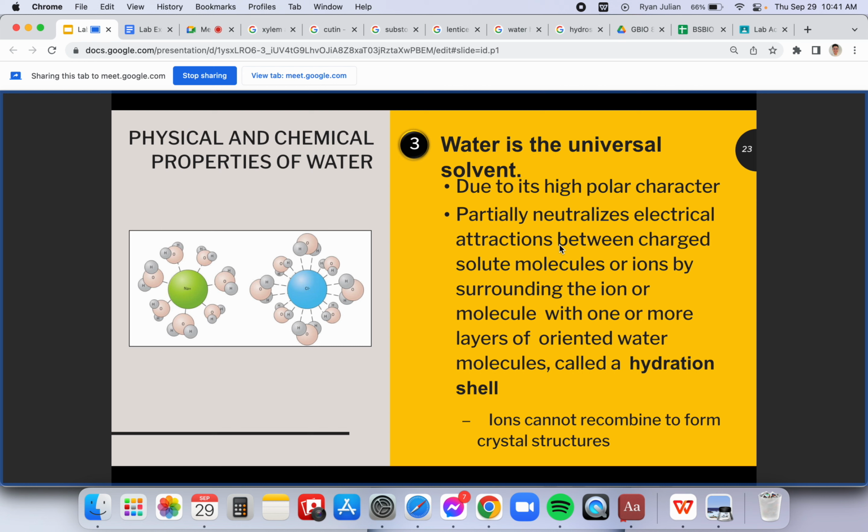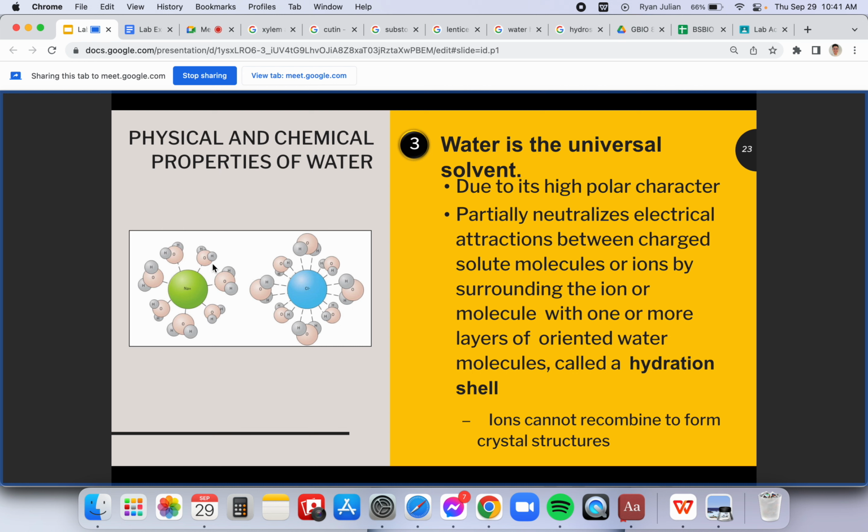It partially neutralizes electrical attractions between charged solute molecules or ions by surrounding the ion or molecule with one or more layers of oriented water molecules, coined as a hydration shell.